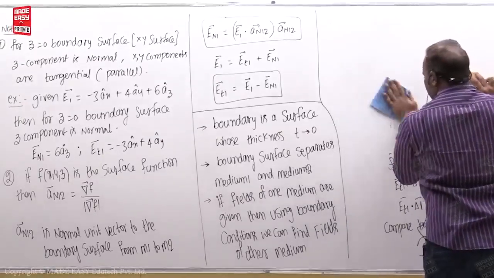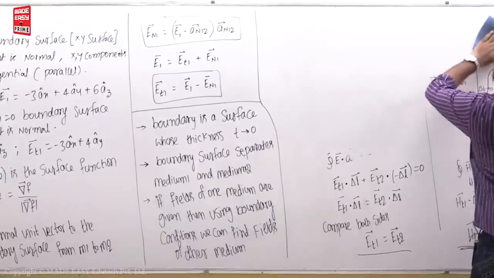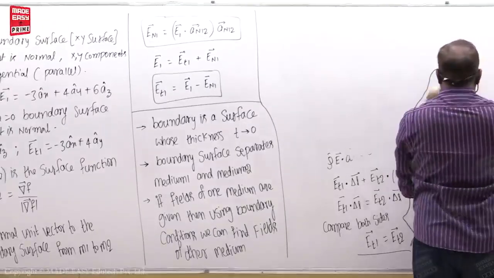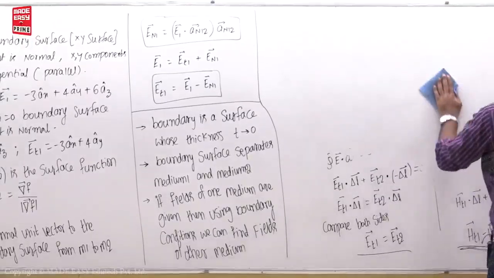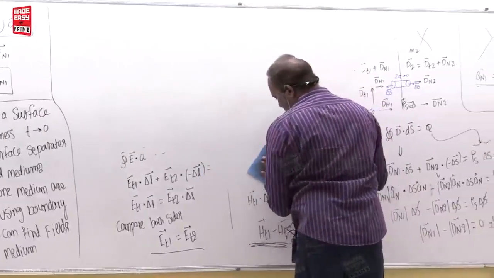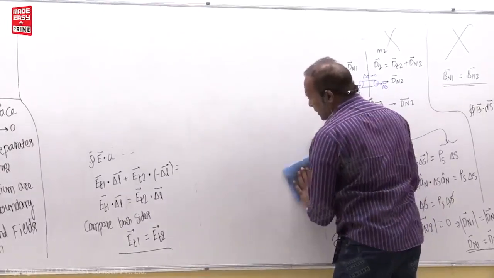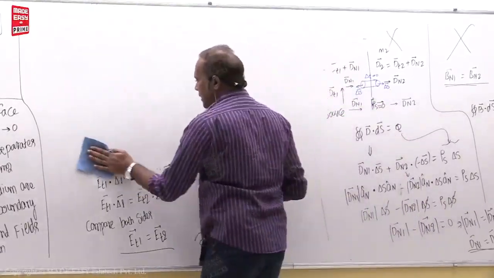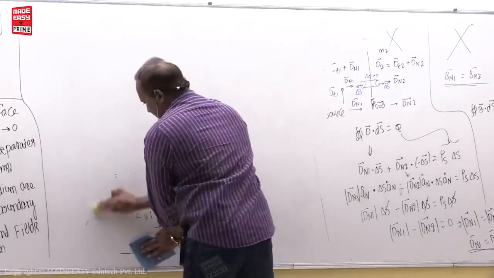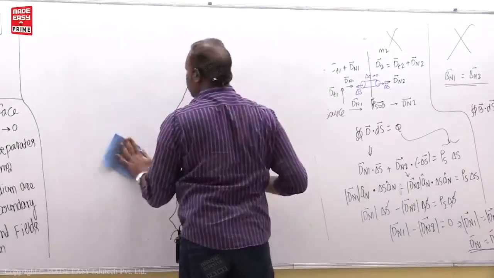Now I will be writing the boundary conditions. How many boundary conditions are there, dear students? In total there are 4 boundary conditions: for intensities, 2 boundary conditions, and for densities, 2 boundary conditions.